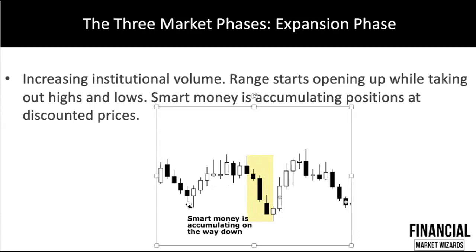They say, oh, the market has just broken out of consolidation, in which they're kind of right, except that they don't realize that they're in the expansion phase. What smart money is doing is accumulating positions at a discounted price. As price goes down, they are buying the position.